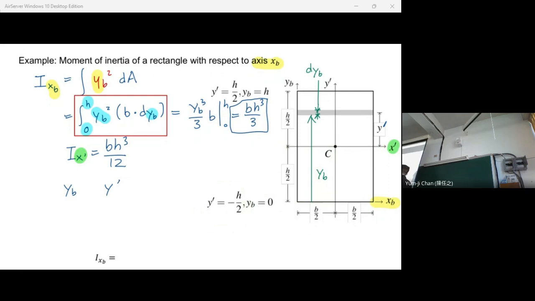So at this level, yb is equal to 0 and y prime is equal to minus h over 2. And in the middle, yb is equal to half of h, so y prime is equal to 0, because we have the coordinates here, right? And for the upper end, we have yb is equal to h and then y prime is equal to h over 2.